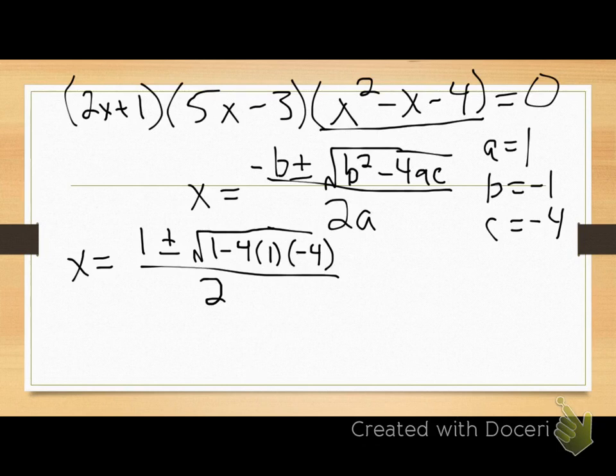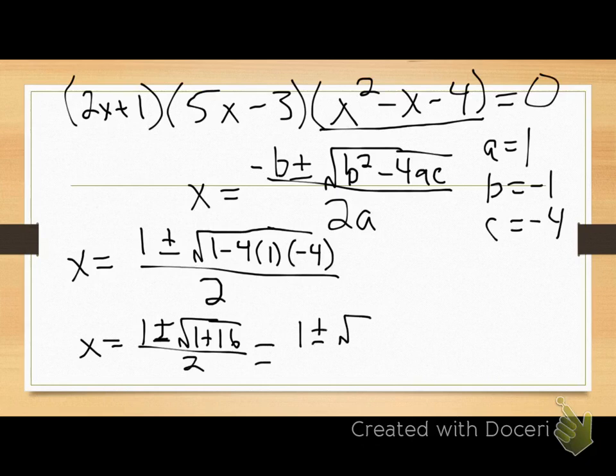Okay, now let's work this out. What's -4 times 1? -4. -4 times -4, positive 16, all over 2. What's 1 plus 16? 17 over 2.